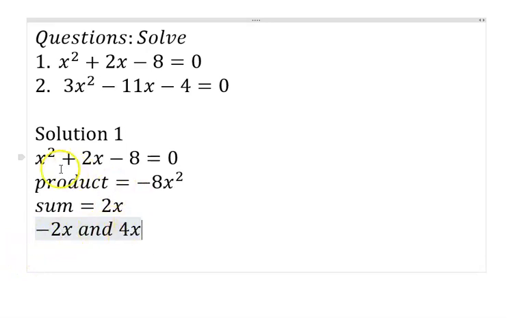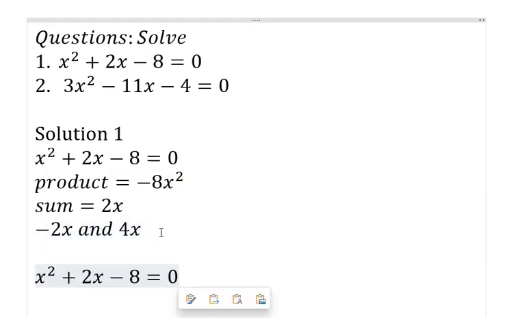So we just place it in here. Beautiful. So in between here, we are going to place these two numbers, minus 2x and plus 4x. Beautiful.